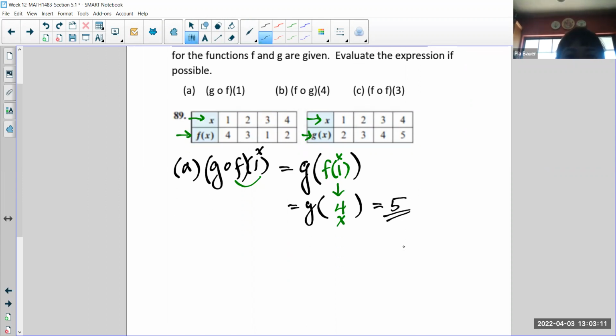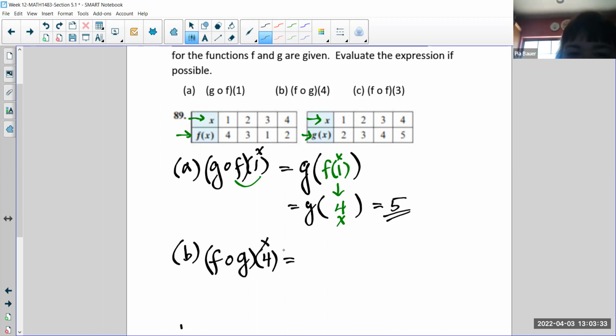Now let's look at another example. This time we have B. Part B is F composition of G of 4. So this is X, and the key is that G is closer to that X. So that will be substituted in first.